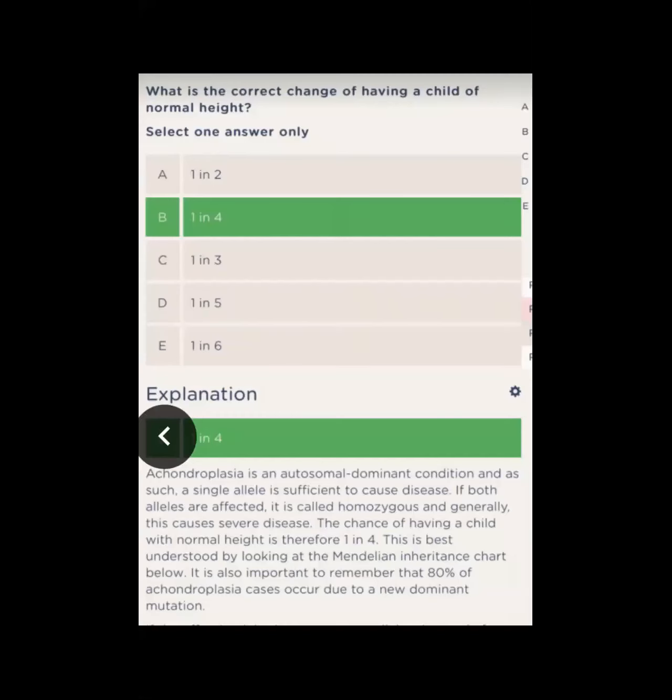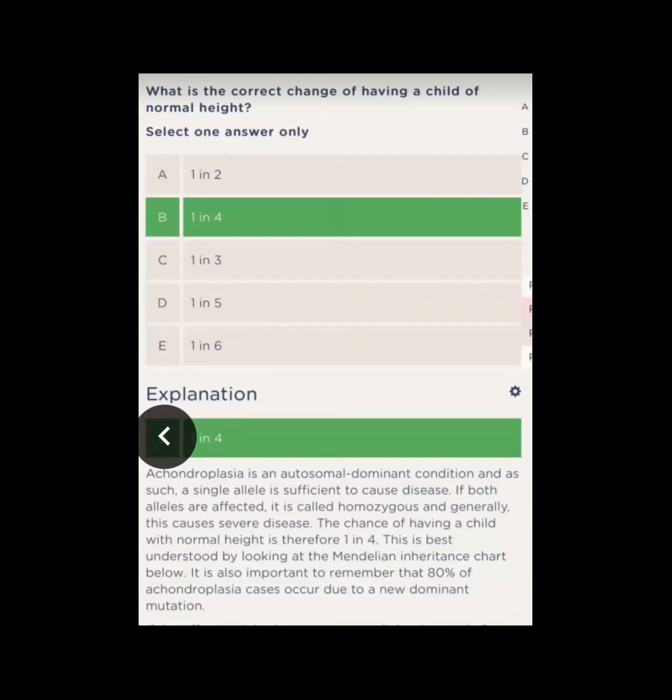So this is the answer to this question. Achondroplasia is an autosomal dominant condition, and as such, a single allele is sufficient to cause the disease. If both the parents are affected, that means both genes are affected, which is called the homozygous state.